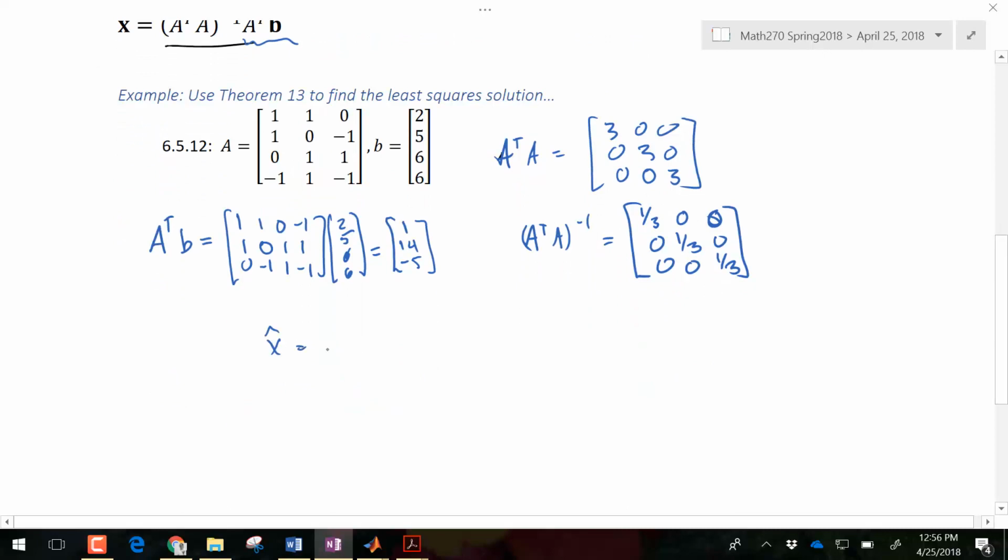So our solution to our least squares problem is going to be x hat is equal to the A transpose A inverse times A transpose B, and that's just going to be 1/3, 1/3, 1/3 times 1, 14, negative 5.